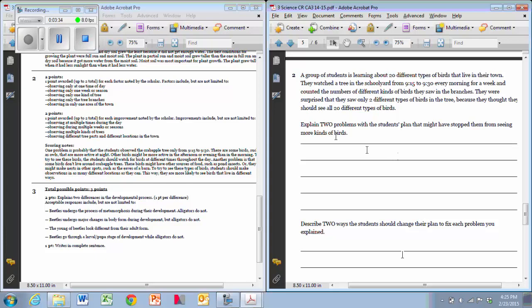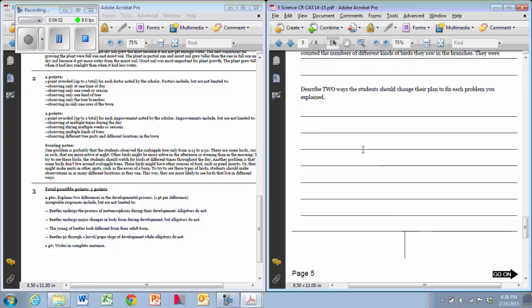So there's a few different answers that are noted in the rubric right here. They should note something along the lines of, one problem is that they only checked from 1:15 to 9:30, and another problem is that they only checked 1 tree. But they can note any of these or any other ones that are logical and make sense up to 2, and they receive 1 point for each problem.